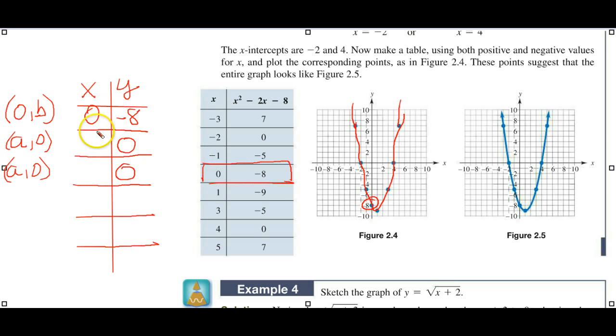And your x-intercepts, we see one of them right there and the other right there. So this will be -2 and 4. There's your -2 and there is your 4.